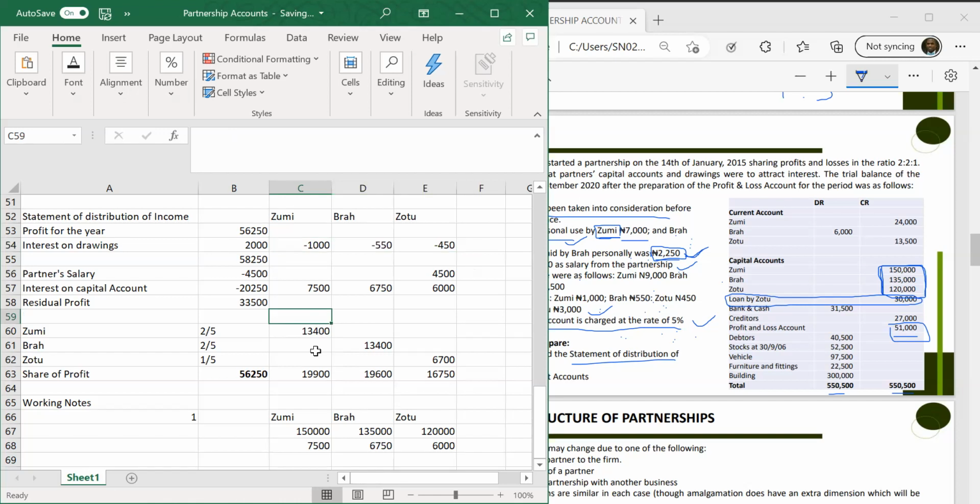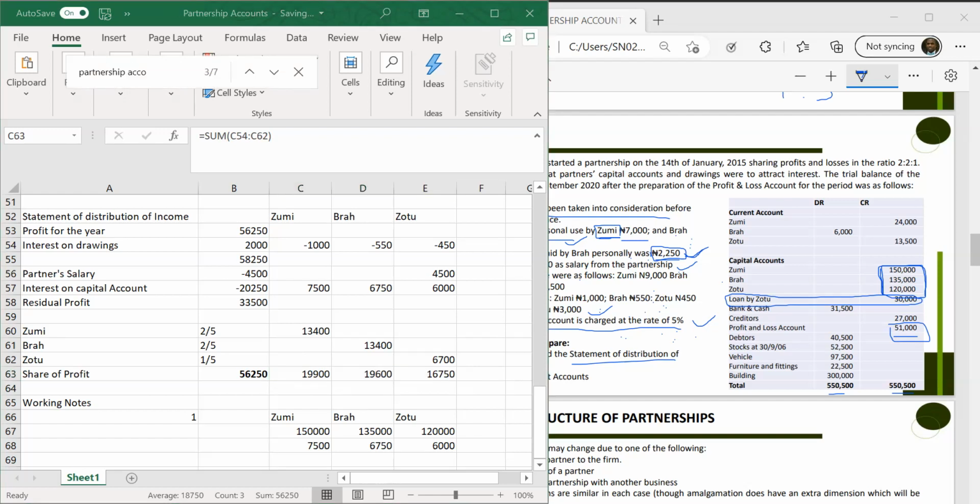So the final profit that eventually goes into their capital account is 19,900 for Zumi, 19,600 for Bra, and Zotu 16,750. So that is their share of profits for the current year after we have factored in all the other expenses.